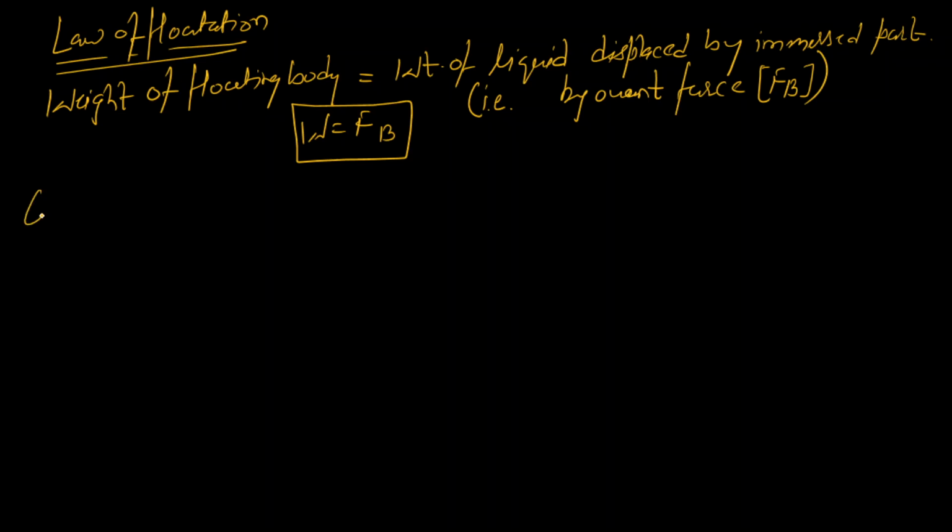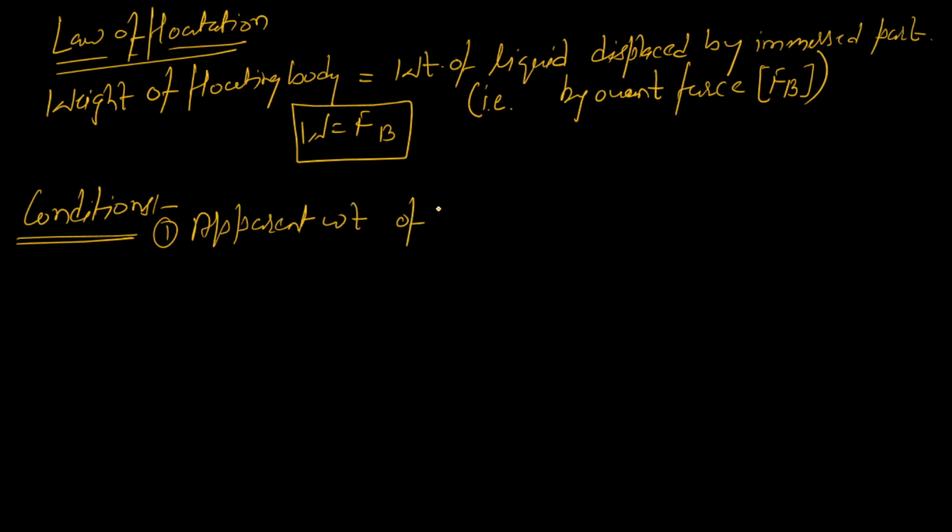Now what are the conditions we need to cover here? Please try to make all the notes. It's really important for your understanding. First one is your what? Apparent weight of the floating body is 0.